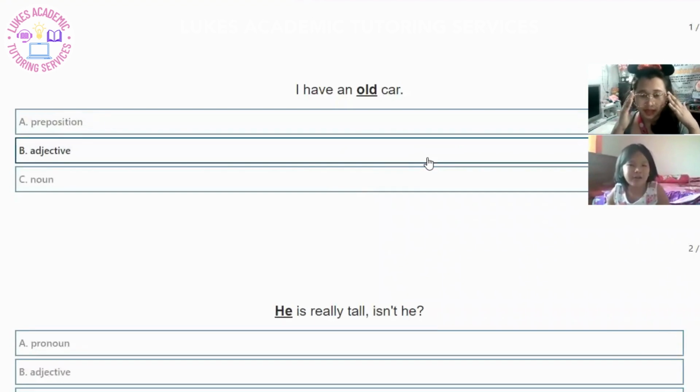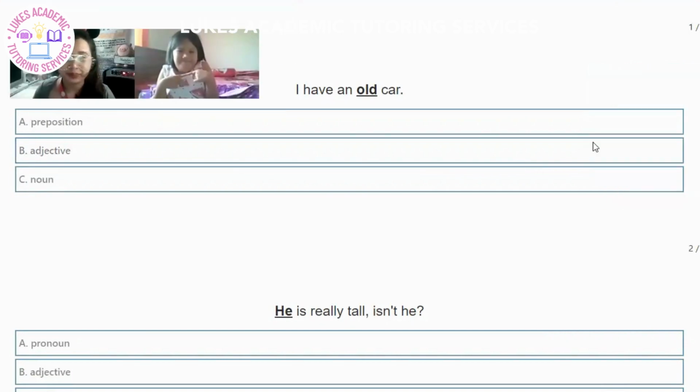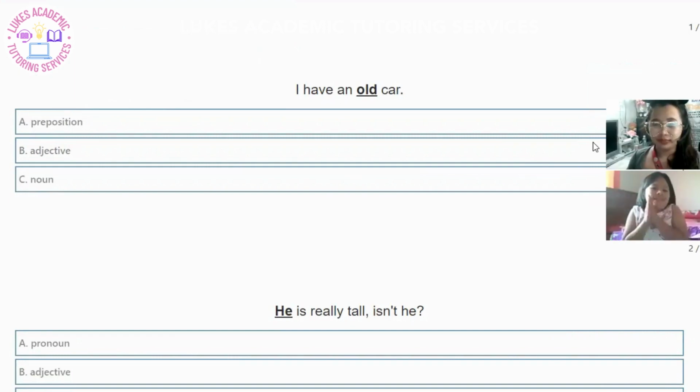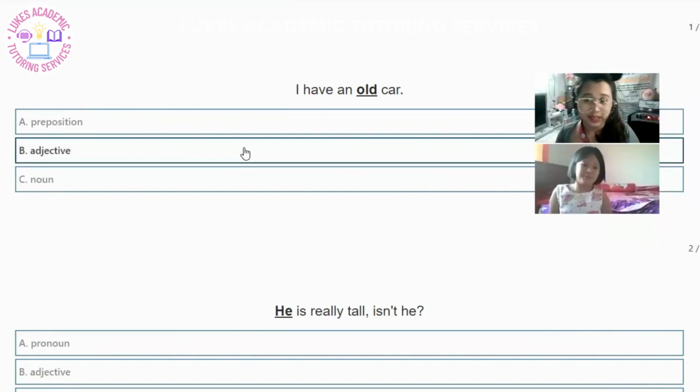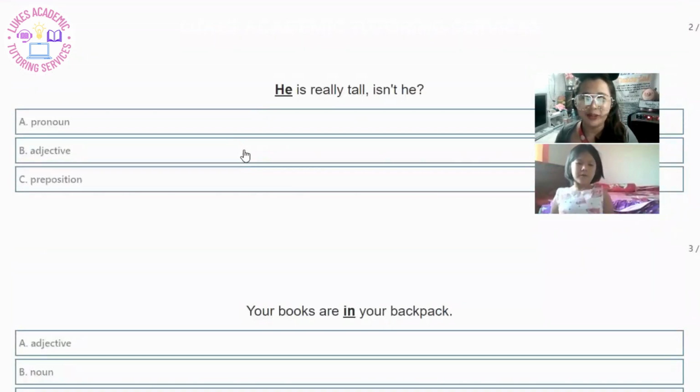Please read the sentence. I have an old car. A, preposition. B, adjective. C, noun. Easy, adjective. Okay, let's check. Correct.